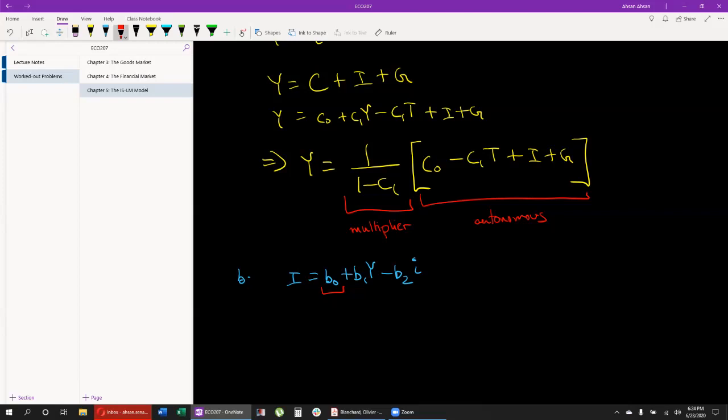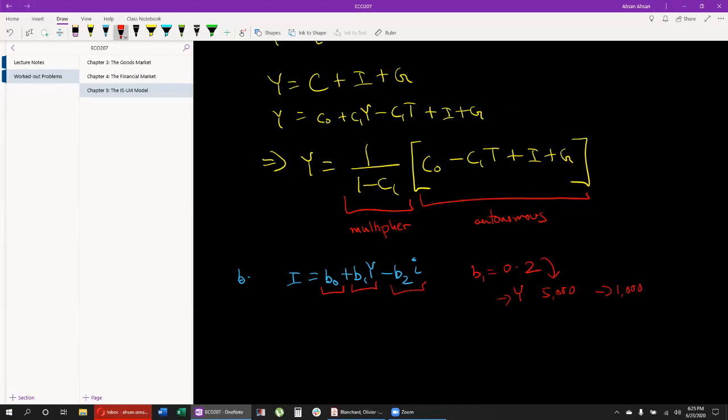On top of that, as our income starts to go up, our investment is going to go up as well, because see, there's a plus sign. So if B1 equals 0.2, suppose, and our income goes up by 5,000, then 20% of 5,000 is 1,000. So if income goes up by 5,000, investment will go up by 1,000.